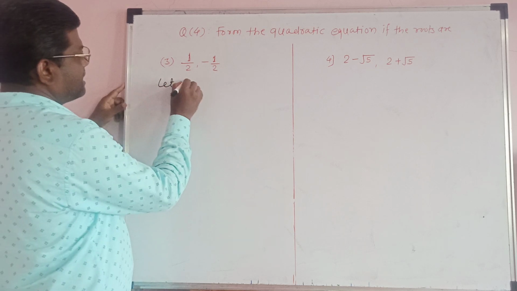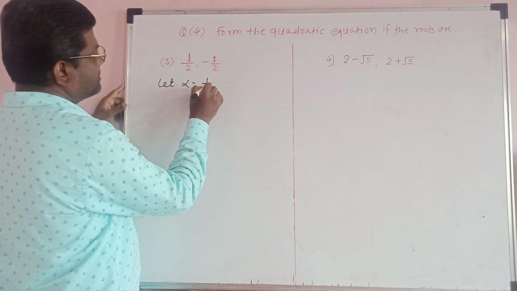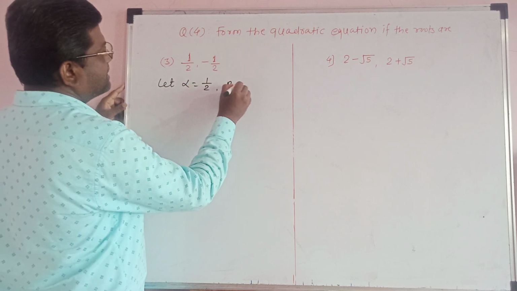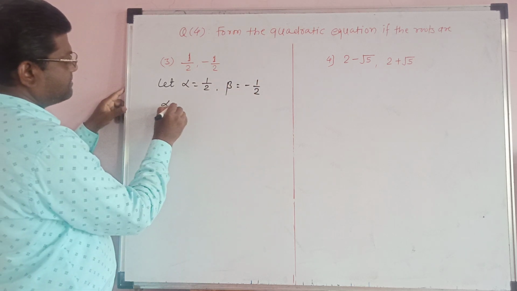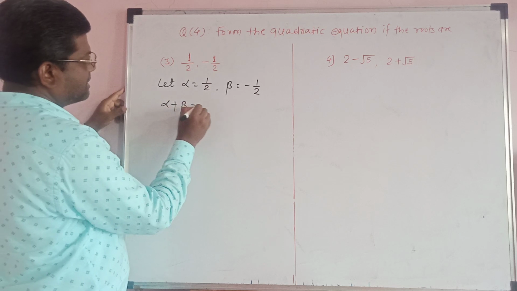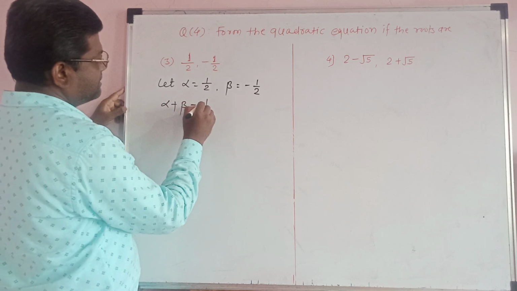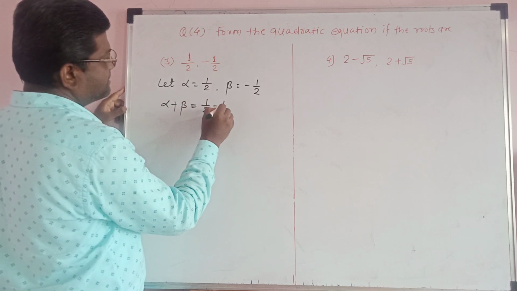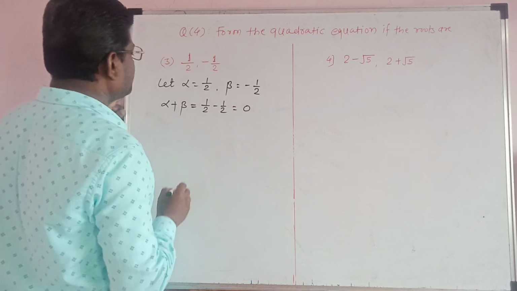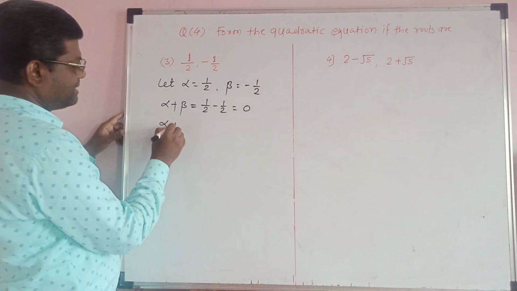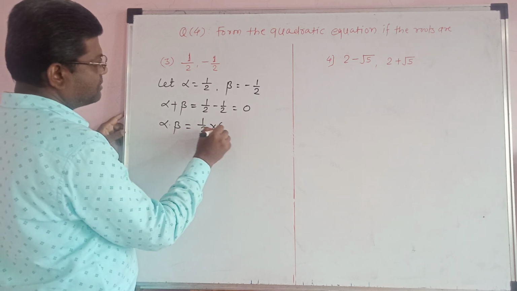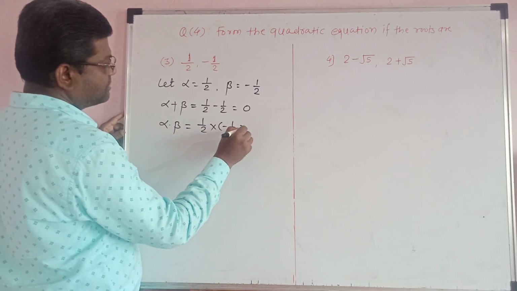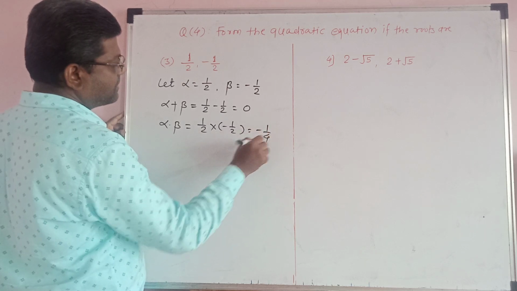Therefore we take alpha is equal to 1 upon 2 and beta is equal to minus 1 upon 2. Let us find alpha plus beta. Alpha plus beta is equal to 1 upon 2 minus 1 upon 2 is equal to 0. Then alpha into beta is equal to 1 upon 2 into minus 1 upon 2 is equal to minus 1 upon 4.